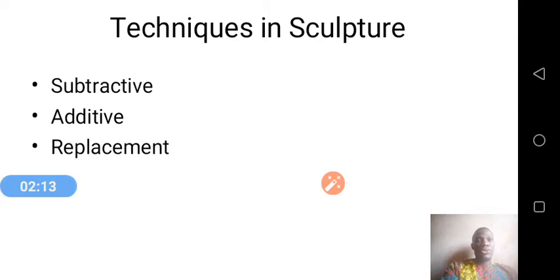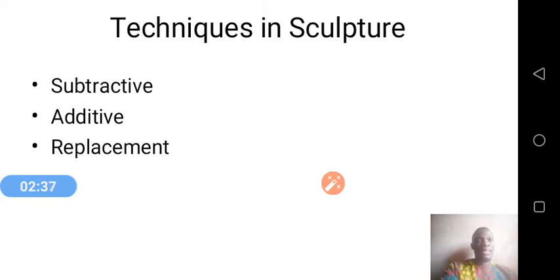Now, to produce sculptural pieces through the additive technique, you have to build forms by laying bits and pieces of your materials. For example, you get your clay and you start to cut from the mass of clay to form a sculptural piece. You be careful with it until your desired form is achieved.